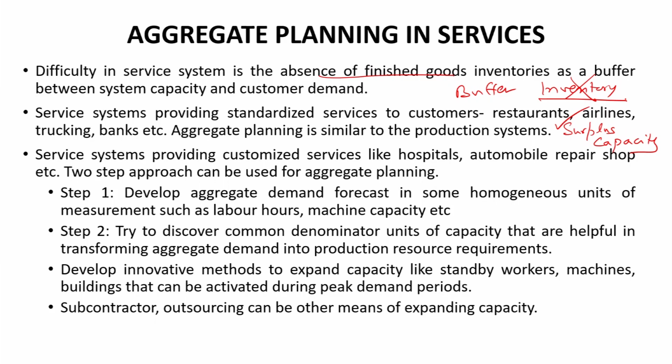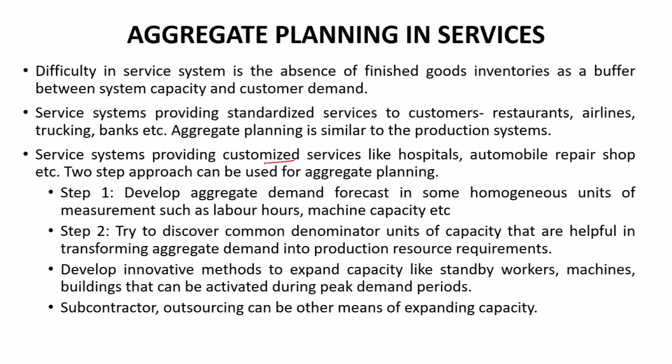For a service system providing standardized service to customers like restaurants, airlines, trucking, etc., aggregate planning is similar to the production system. Whereas for service systems providing customized services like hospitals, automobile repair shops, etc., we can follow a two-step approach.